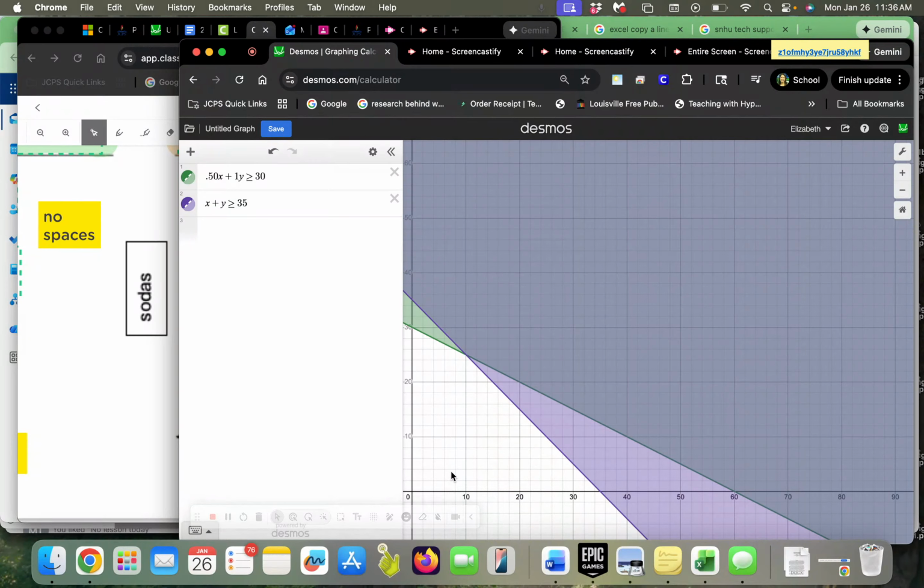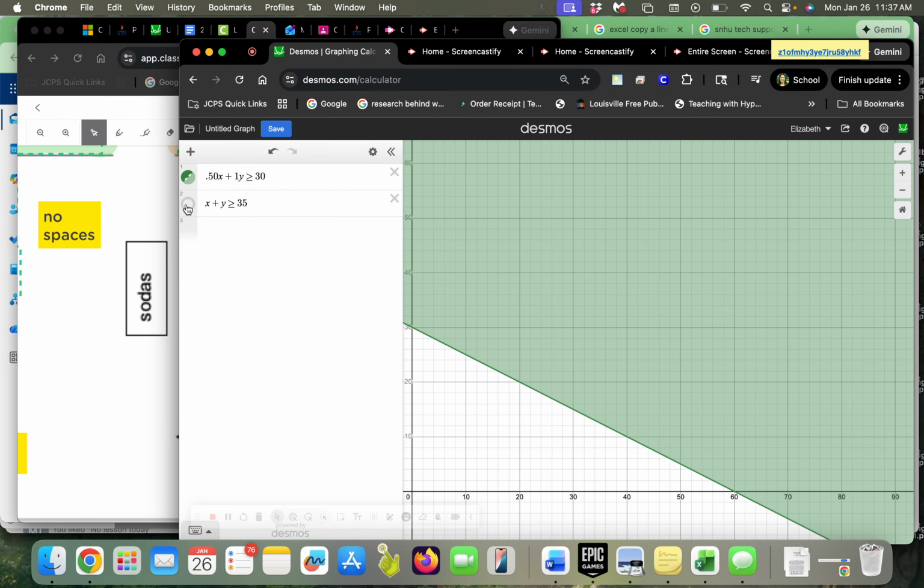But remember, I just want to look at the part that is inside the Y and the X axis, because that's where the positive numbers are. I am going to turn off my purple one for right now. I see that I have coordinates that need to go for my green inequality.